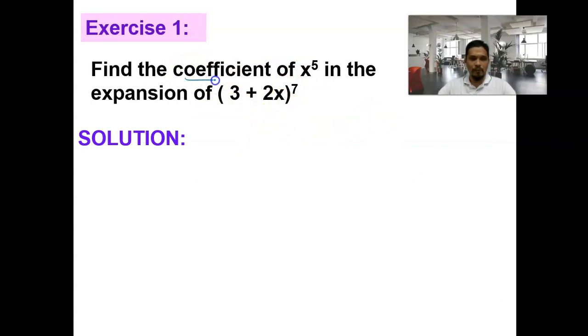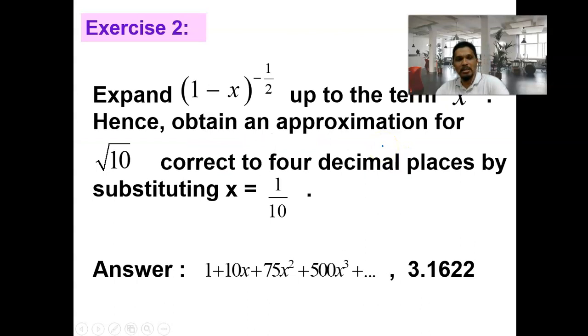So the coefficient of this is 6048, the final answer. Okay, you'll find out yourself. And exercise 2, expand this up to x cubed and then obtain an approximation for square root of 10, correct to 4 decimal places by substitution. Okay, answers are all here. It's already given to you.